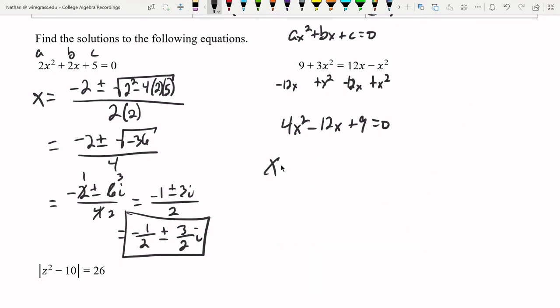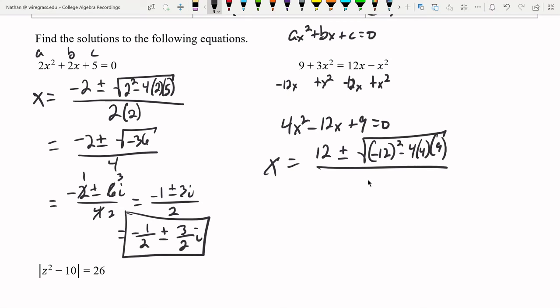All right, so x equals negative b. b is negative 12, so we're going to get positive 12, plus or minus the square root of b squared, negative 12 squared, minus 4 times a, which is 4, and c, which is 9, all over 2 times a, which is 4.